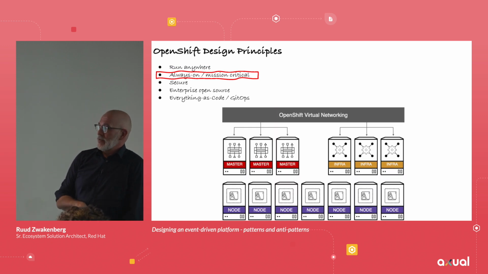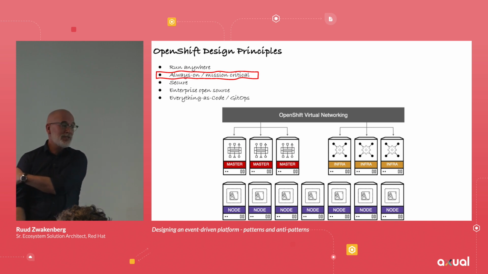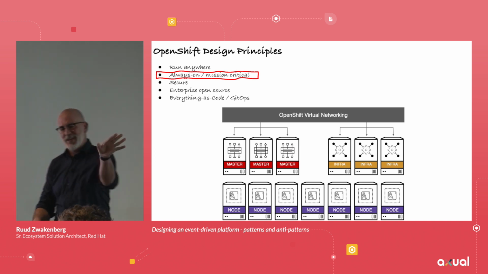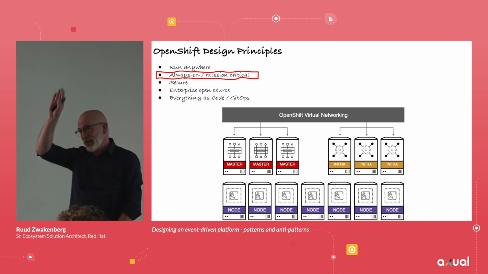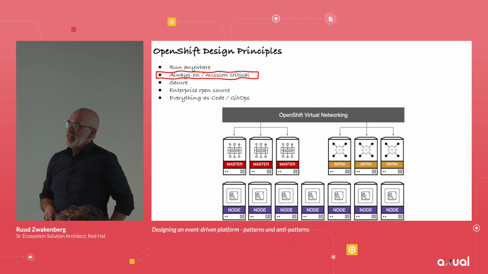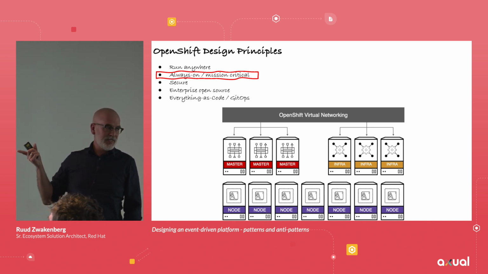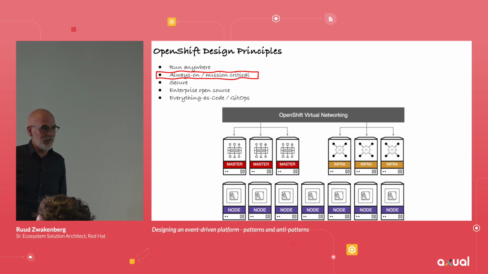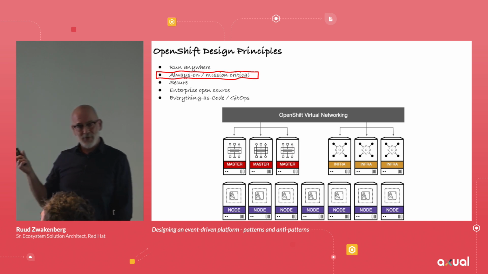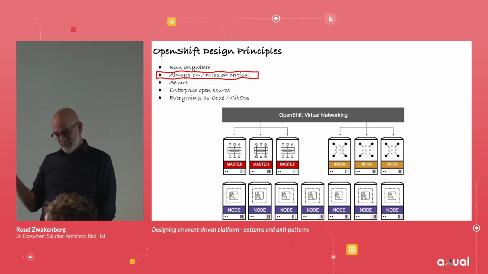Okay, another one, always on. Who wants their software to be always on? My wife does. Now, you can laugh about it, but it is actually very difficult to have your systems running 24/7 without downtime.